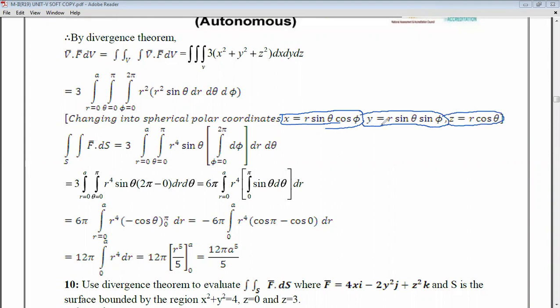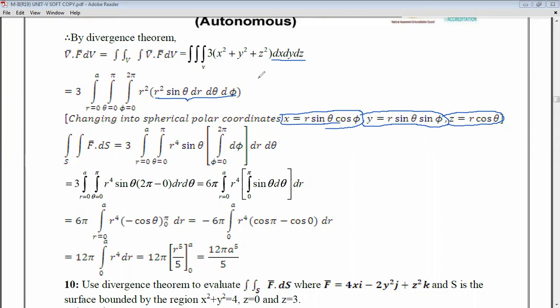And dx dy dz is r square sine theta dr d theta d phi. So this is dx dy dz in spherical polar coordinates. When you were finding volumes, there you applied spherical and cylindrical coordinates.